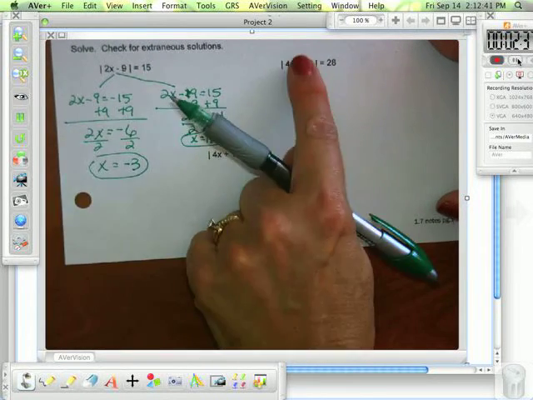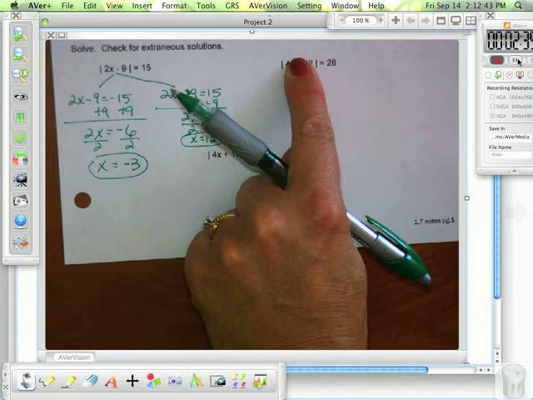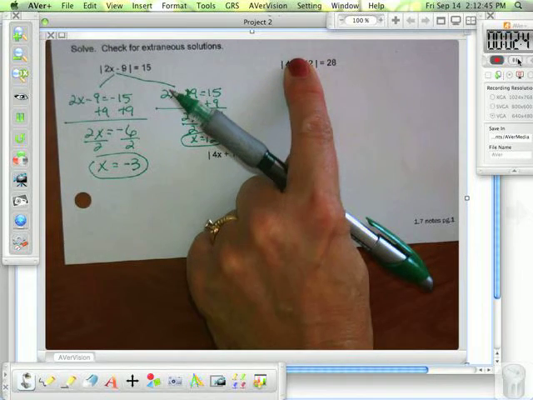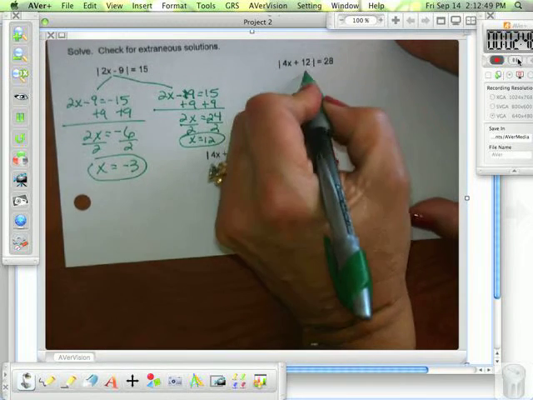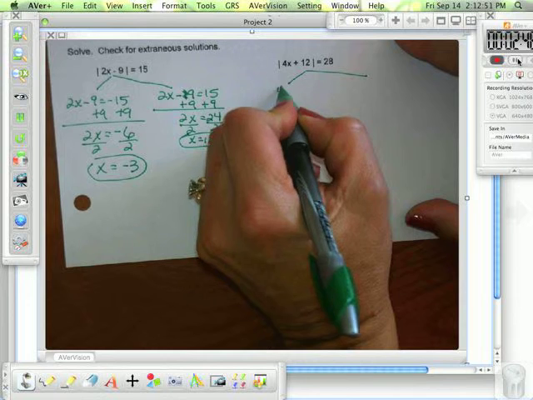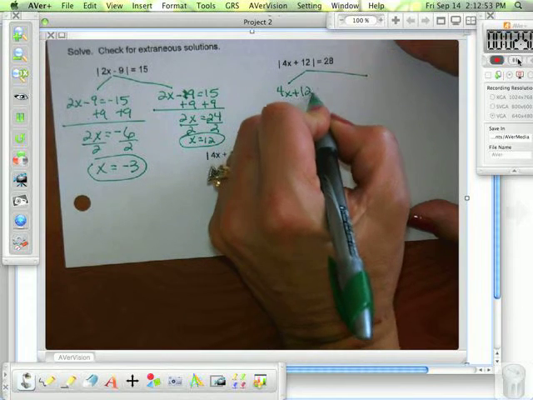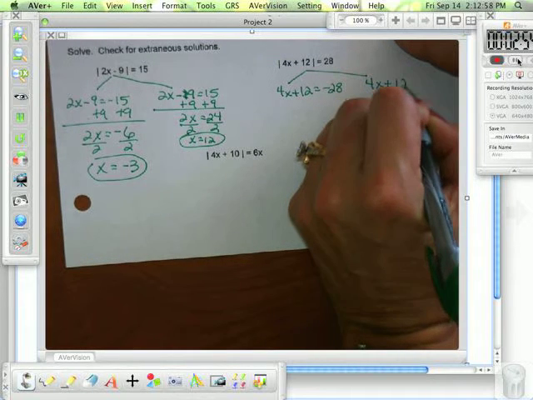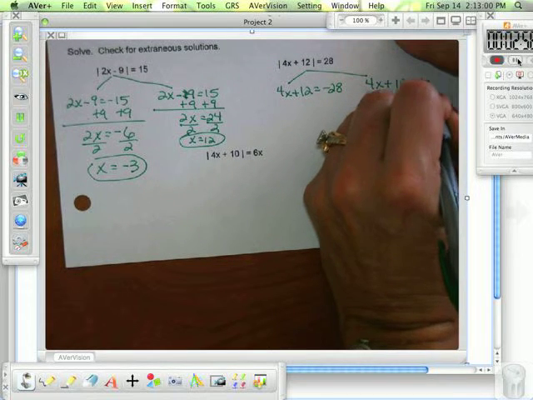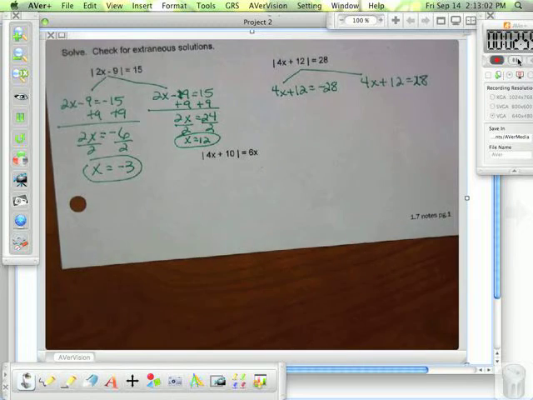The value inside here could either be what or what? Negative 28 or positive 28. So I'm going to set up this expression to be equal to negative 28 and positive 28. And I got to find out what x value is going to give me both of those.